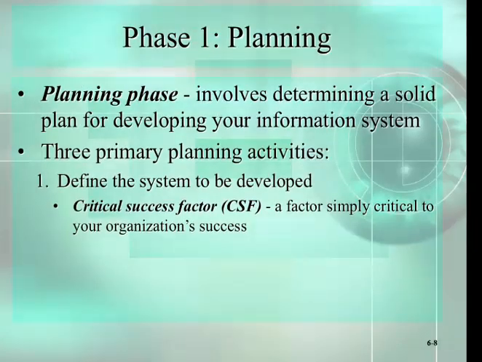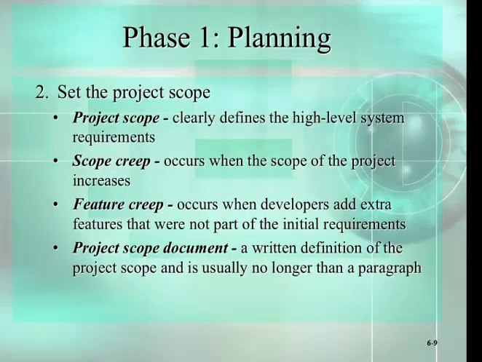The first phase is planning. The planning phase involves determining a solid plan for developing your information system. There are 3 primary planning activities. The first one is to define the system to be developed. A critical success factor is a factor that is critical to your organization's success. Second, set the project scope.